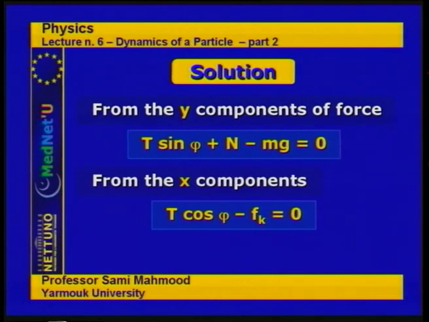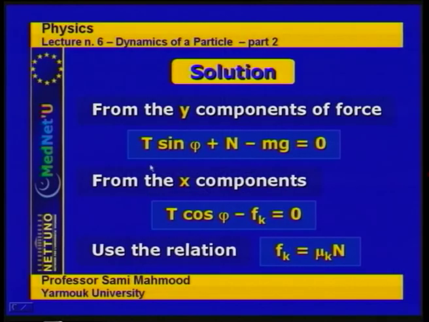Similarly, from the x components of the forces, we have T cosine phi, acting in the positive x direction, minus F k, the frictional force acting in the negative x direction. The summation of these two forces is also equal to 0 because the object is moving with a constant velocity.